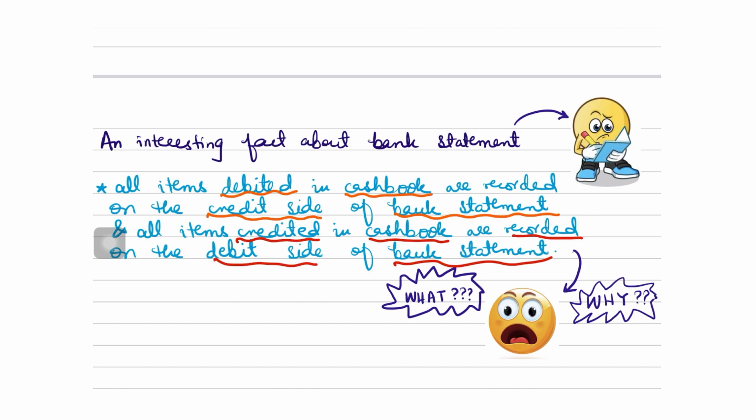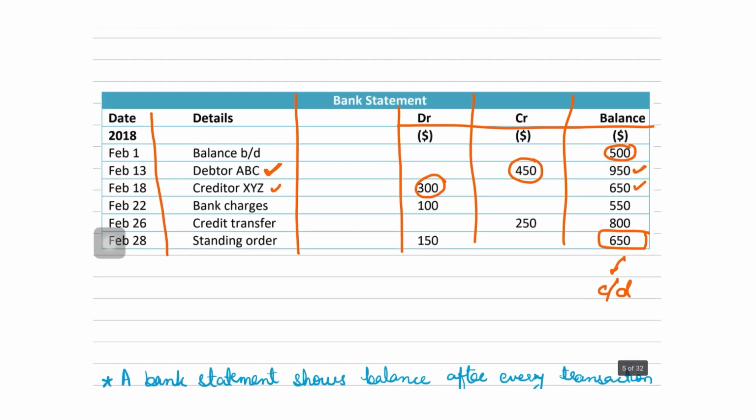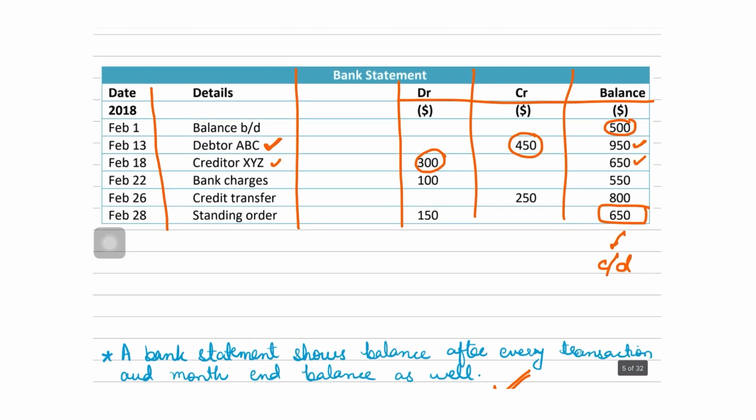This is something different, right? Because if we just have a look at the bank statement again, you can see that a debtor paying into the business bank account is a debit entry in the cash book. However, it is being recorded on the credit side, and it is also increasing the balance as well. Even if being recorded, shouldn't it decrease the balance?